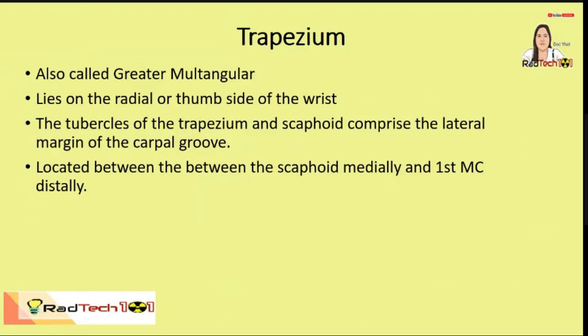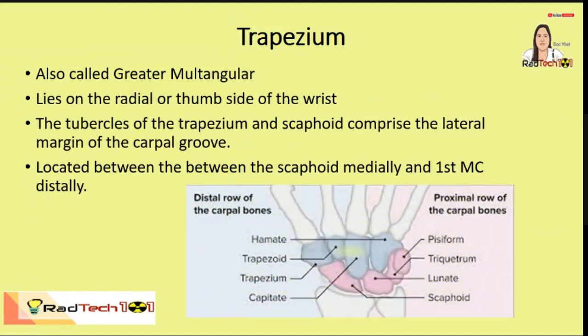So, trapezium is between the scaphoid medially and the first metacarpal distally. So, we have here the trapezium, ito siya. So, it is articulated with your scaphoid, ito, and your first CMC joint. Sorry, ito pala yung mali ah.